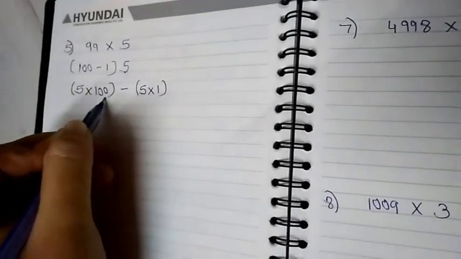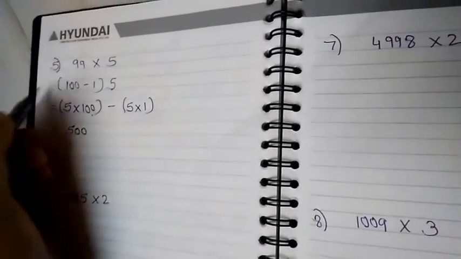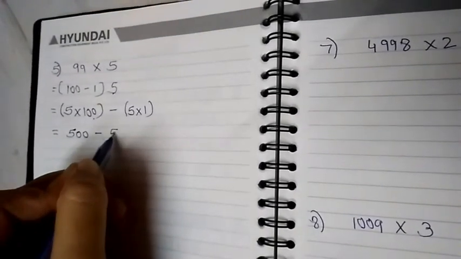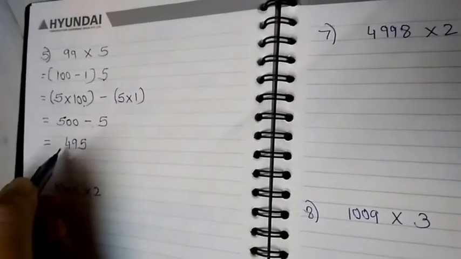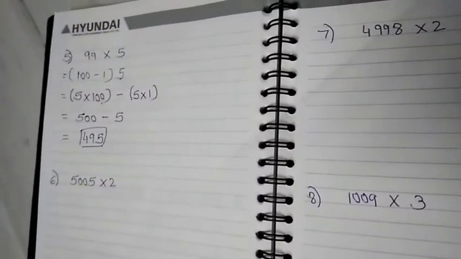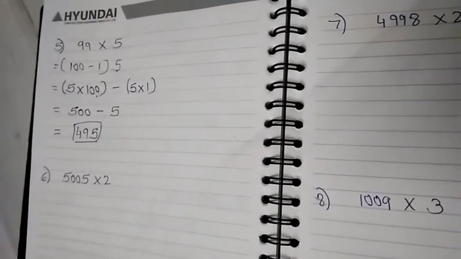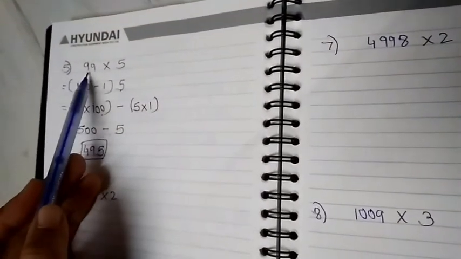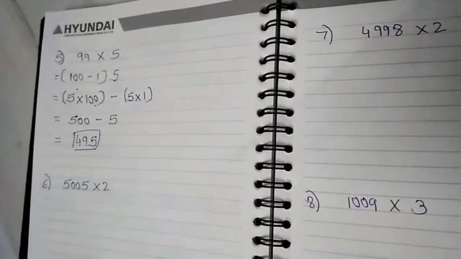So 5 multiply 100 will give you 500, and minus 5 into 1, 5. So what you got? 495. This is your answer. What we are doing is taking 10, 100 or 1000, we will choose the number accordingly. Here it was near to 100, so we did 100 minus 1.